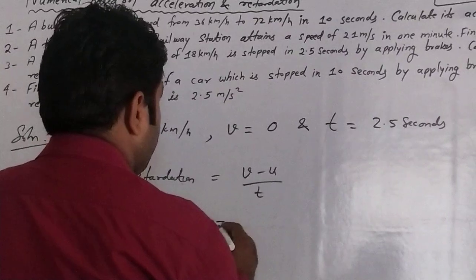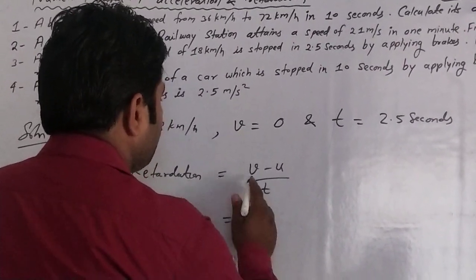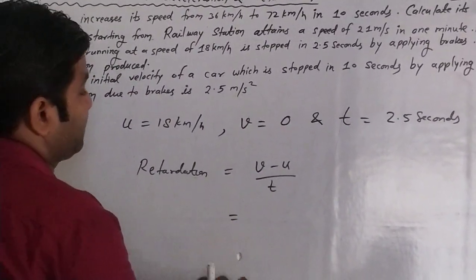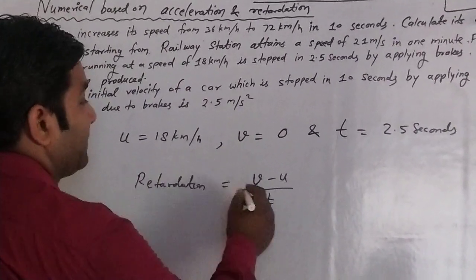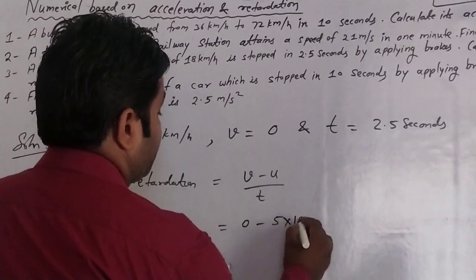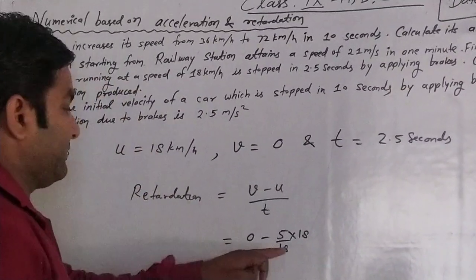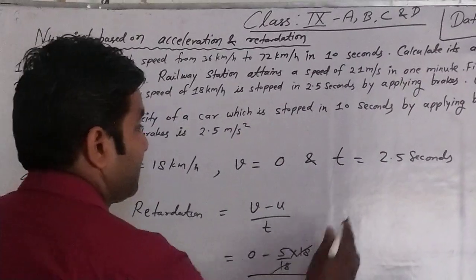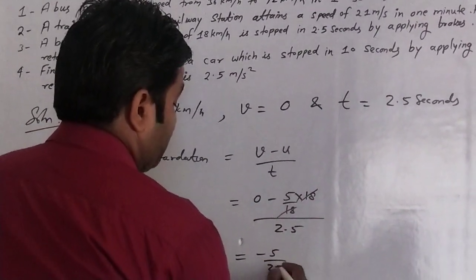When we take minus common, retardation is the negative value of acceleration. So v is 0 and u is 18. Value of 18 converts by multiplying by 5 upon 18, which gives 5 meter per second, and time is given as 2.5 seconds, so it is equal to minus 5 upon 2.5.